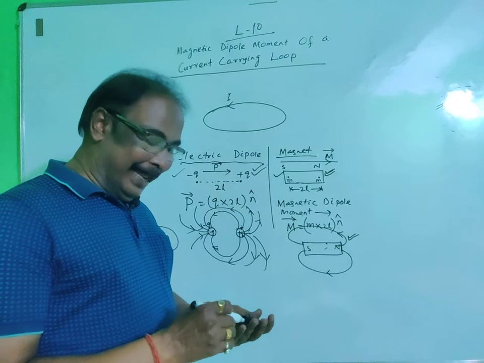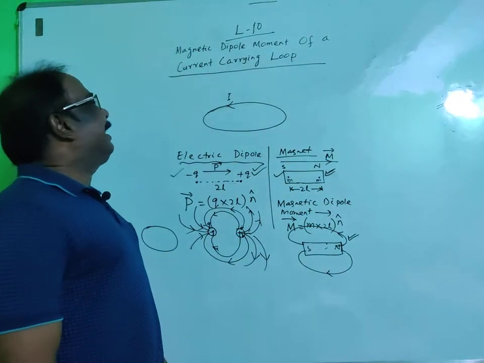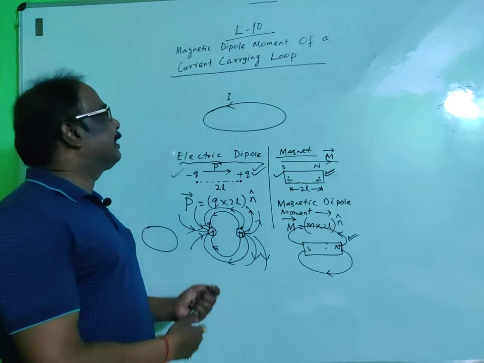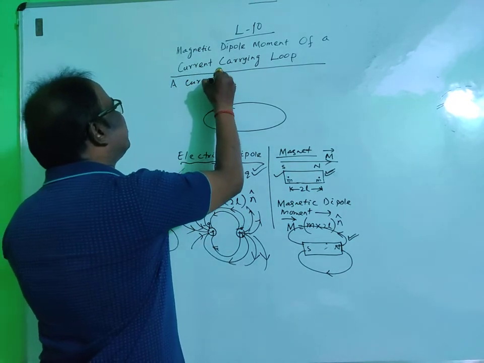Now our heading: magnetic dipole moment of a current carrying loop.